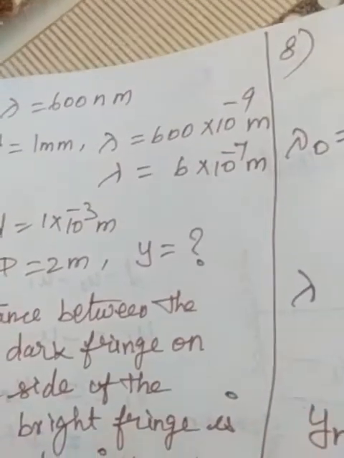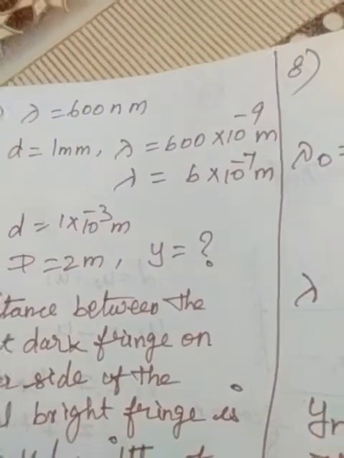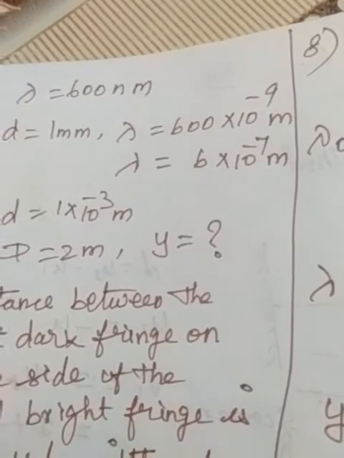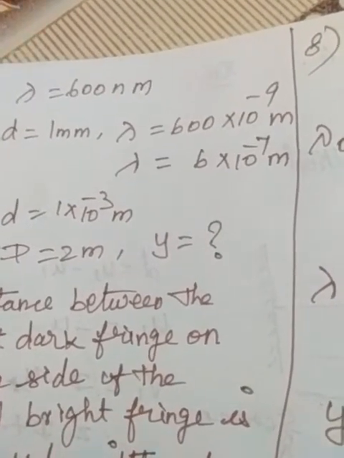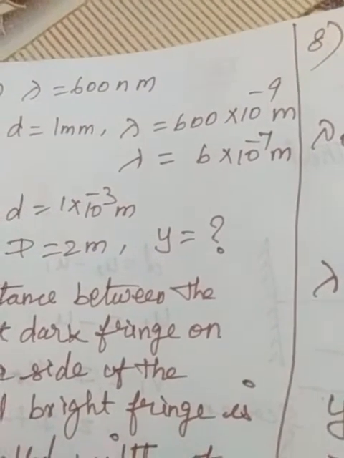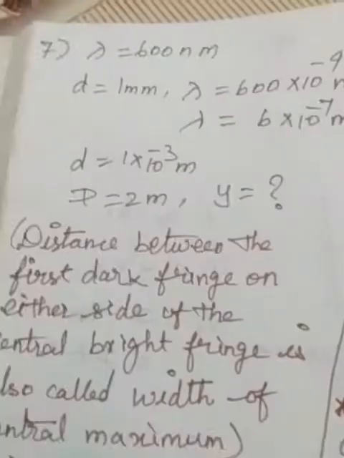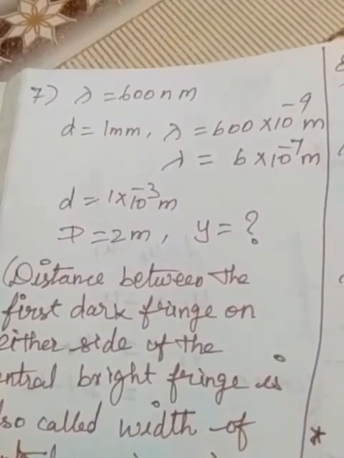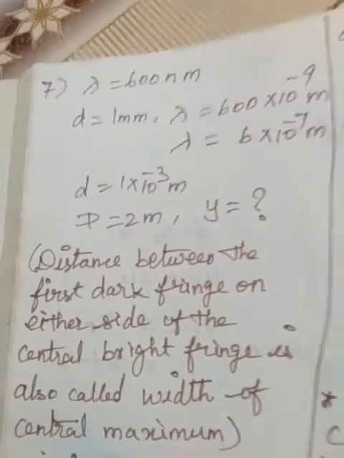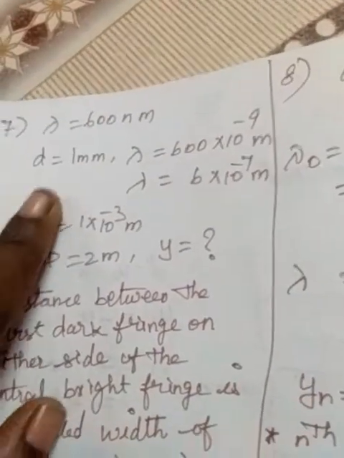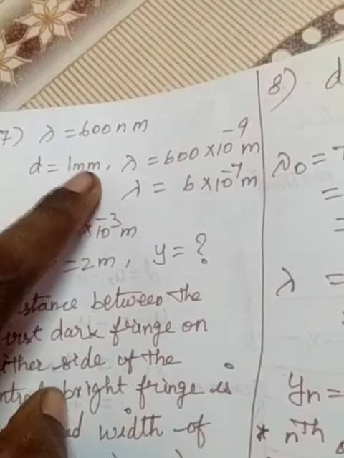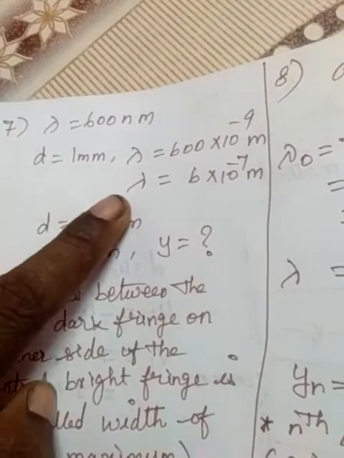So that one we have written here, 600 into 10 to the power of minus 9 meter. We have to rearrange it. So 600, how can we write it? 6 into 10 to the power of minus 7 meter, we can write, right? Next one, you see the d equal to 1 into 10 to the power of minus 3 meter. That is small d, 1 millimeter, we are taking as 10 to the power of minus 3 meter.